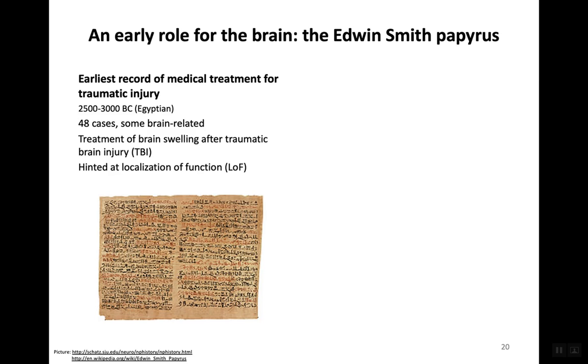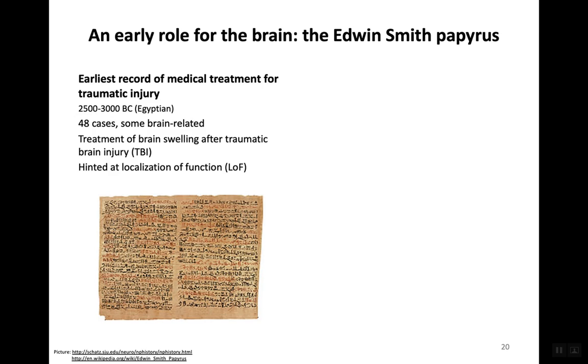By this, I mean the Edwin Smith papyrus, which you will encounter or hear about if you're interested in pre-health studies and medicine in particular. It's a milestone in the history of medical treatment.